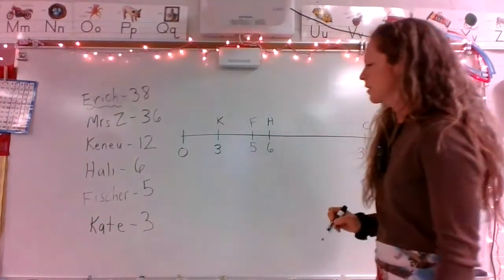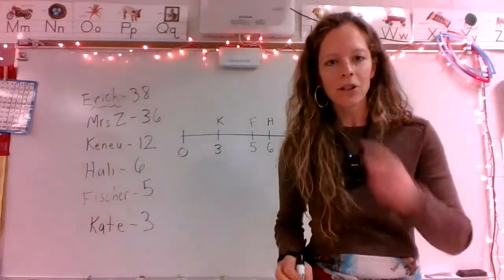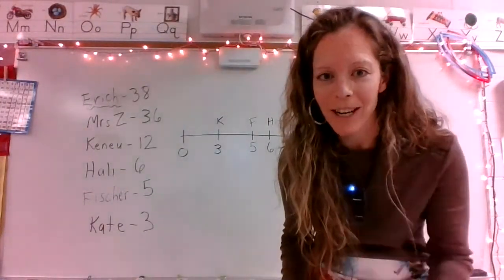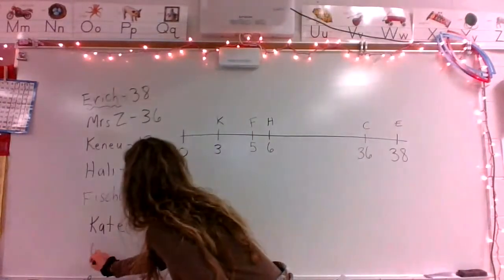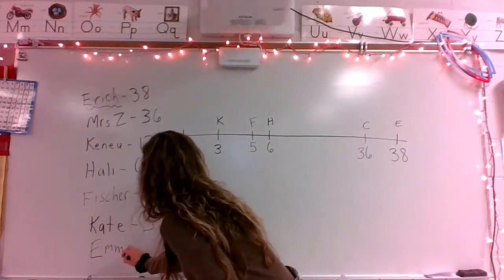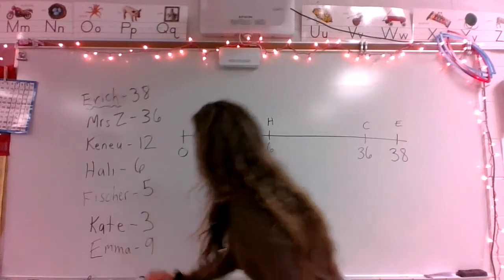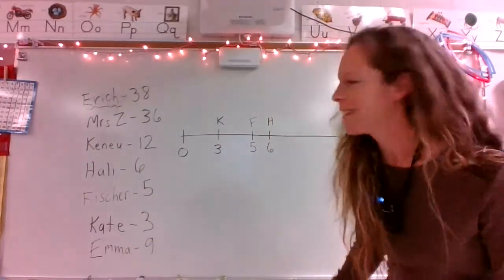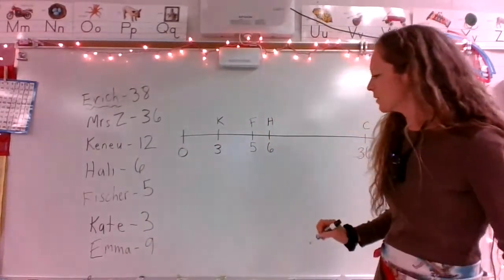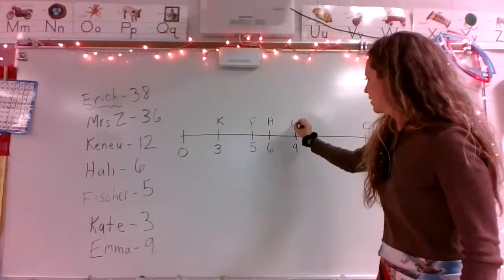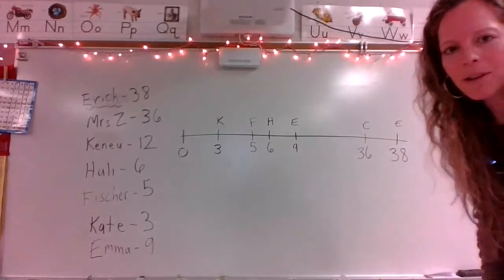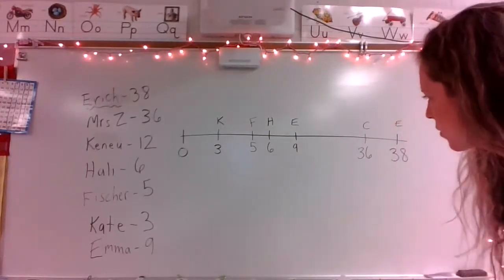Hallie. Oh my goodness! Shh, don't tell my oldest daughter I did not put Emma on there. Oops. I'll do it right now. Emma. Oh. She's 9. It's been a long day. Okay, so next would come Emma. She's 9. Yikes, I'm already looking at my number line and they're going to get squished in there.